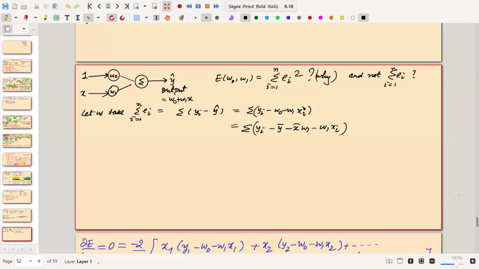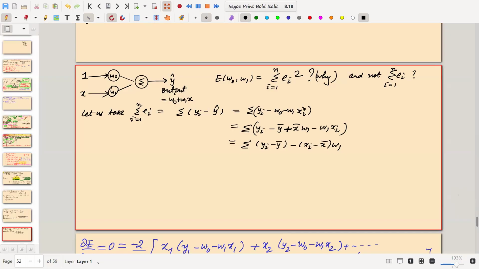Okay. Now, can you gather the terms? So summation yi minus y bar minus xi. W1. Tell me, did I do any mistake here? Is this correct? Should be plus x bar.